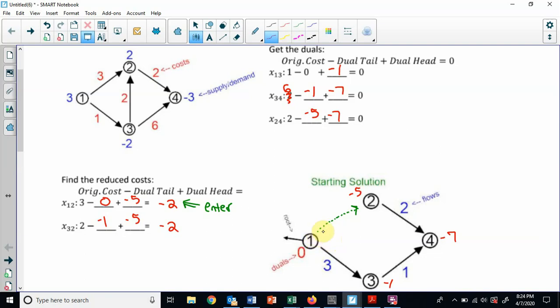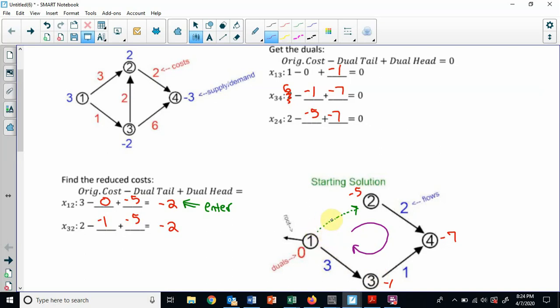Okay, so notice this is entering right here. Let's find the cycle that it creates. It creates this cycle right here. So let's look at any arcs that push back the wrong direction. This arc 3, 4 and the arc 1, 2 push back in the wrong direction. So we're going to push some of the flow this way. Which one would be pushed down to 0 first?